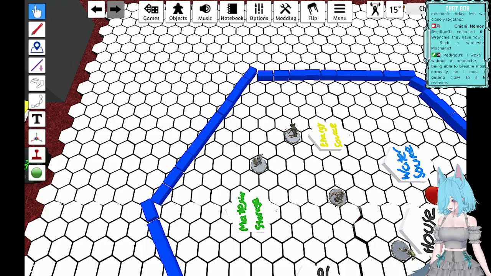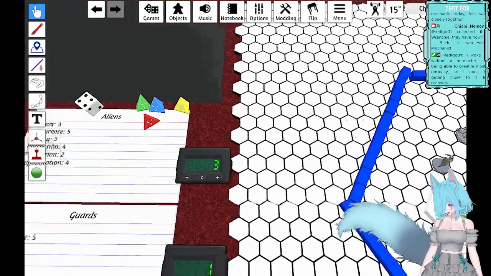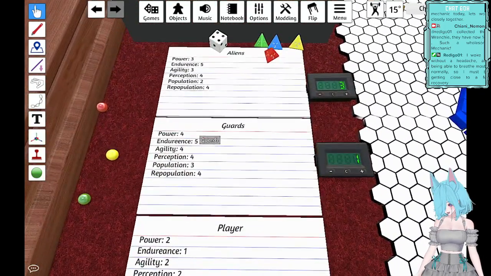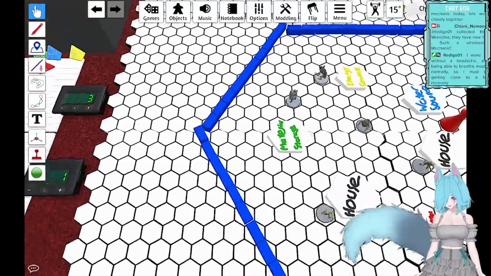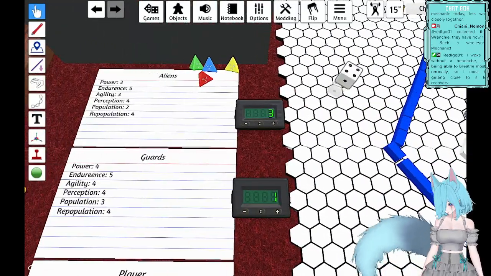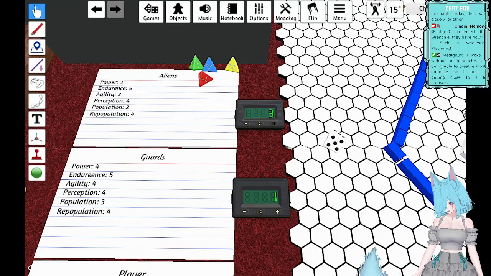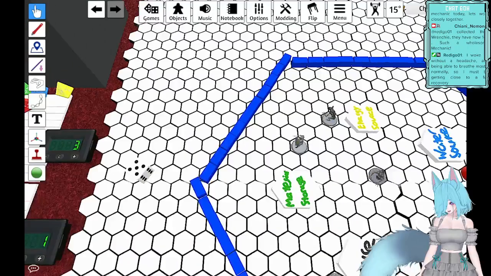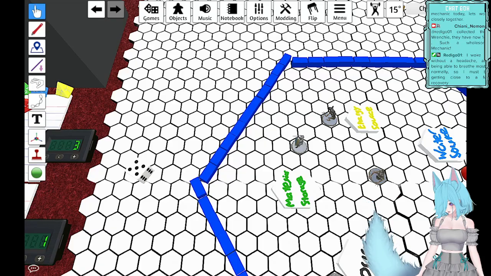Then it's the guard's turn. Our glorious guard here sees a wall. So he's gonna decide where to go next. 5. Which is here.